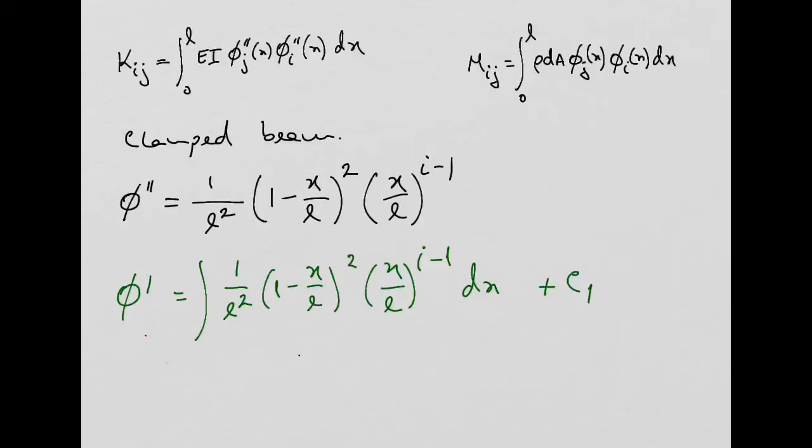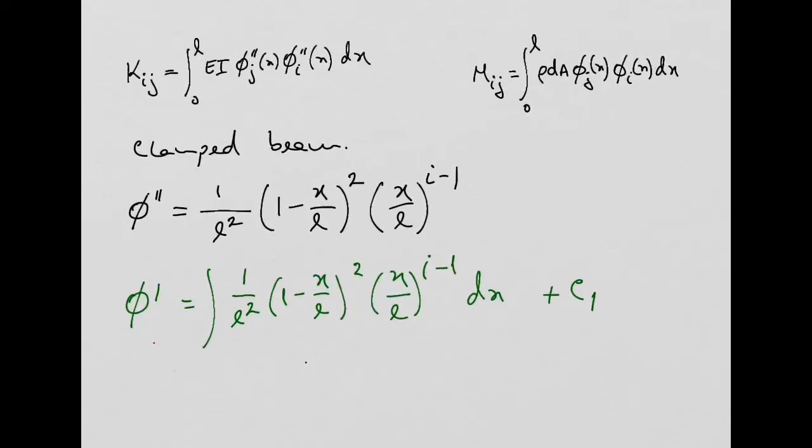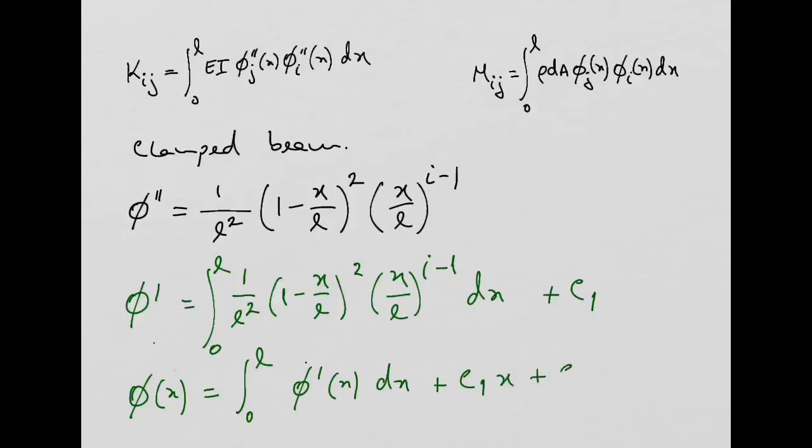And then you integrate one more time. You will get your shape function by integrating again. Don't forget, this is from 0 to L, by integrating now the first derivative. And then you will get C1 x plus a second constant of integration.